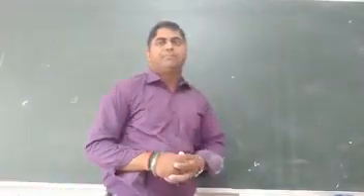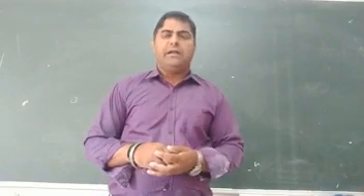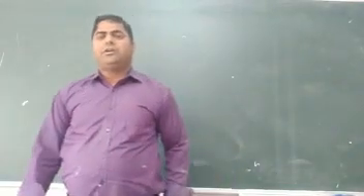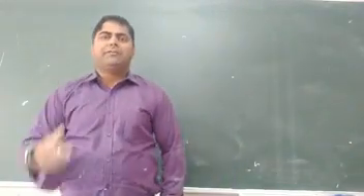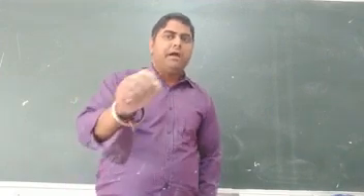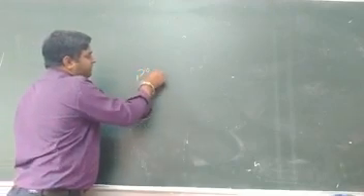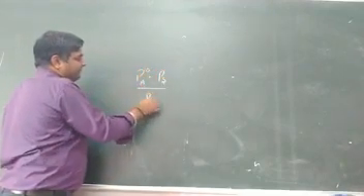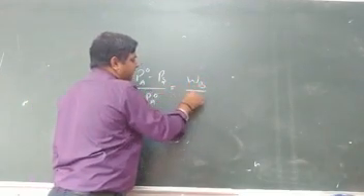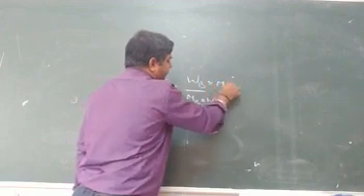Good morning students. Today we are going to discuss the third colligative property, and that is depression in freezing point. We have done two colligative properties. The first one that we did was relative lowering of vapor pressure, and the formula was (PA0 minus PS) upon PA0 equal to WB upon MB into MA upon WA.